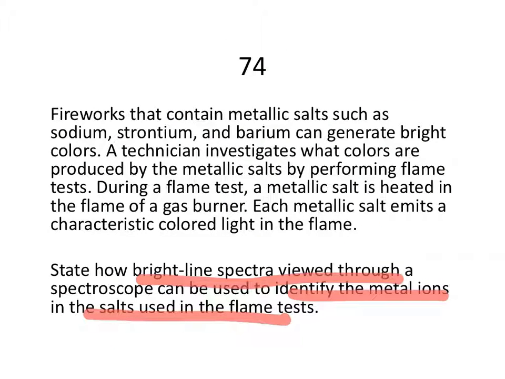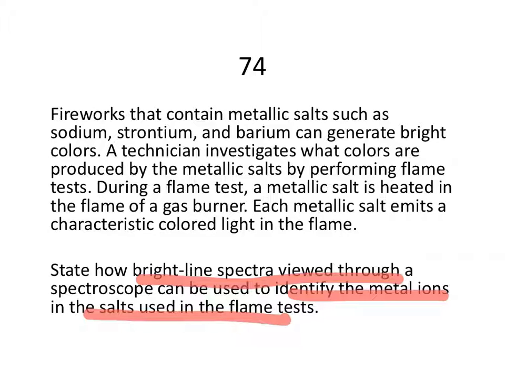In this one, they want you to talk about how the bright line spectrum viewed through a spectroscope can be used to identify the metal ion in the salt using a flame test. So what you want to talk about here is the bright line spectrum and the uniqueness of the metal's wavelength.